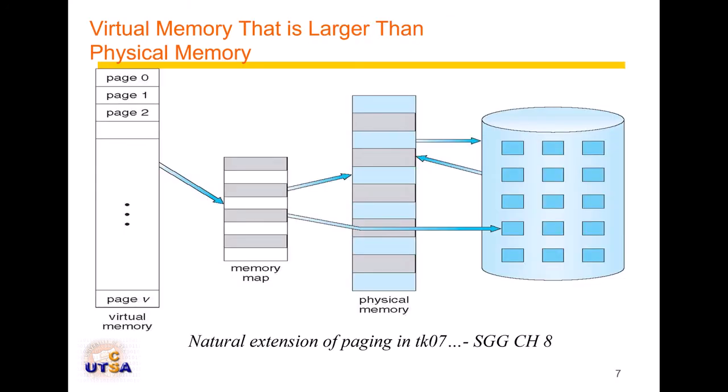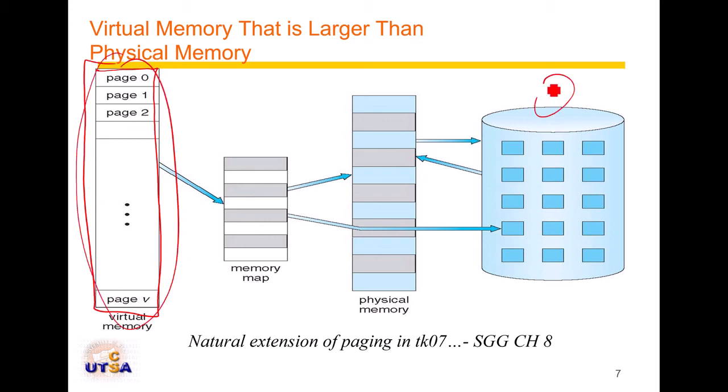Basically, the idea is when you have a virtual address space, or the virtual memory, for your program, we will assume that you have such a large space, and you will allocate that large space on the disk. So we are assuming that all that information will be available on the disk.